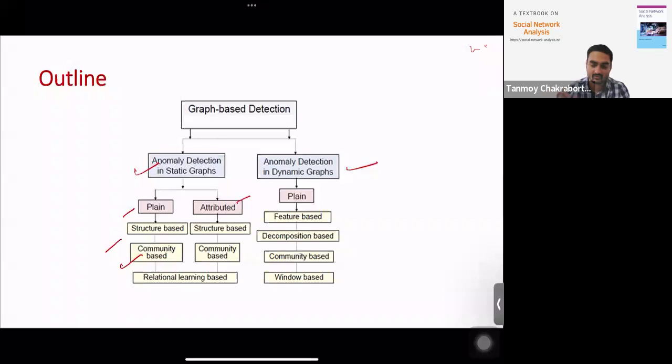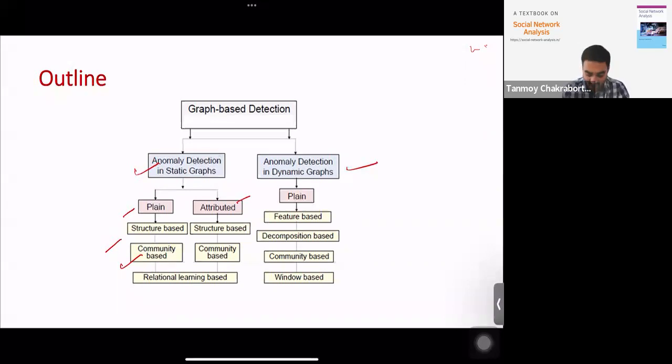Another approach looks at the communities, clusters, and then tries to identify entities within the cluster which seem to be anomalous. So these are more of a local type of approach, because these nodes are marked as anomalous with respect to a particular community. When you look at the entire network structure, those nodes may not be anomalous, but when you look at a particular community, it may look like an anomalous node or entity.